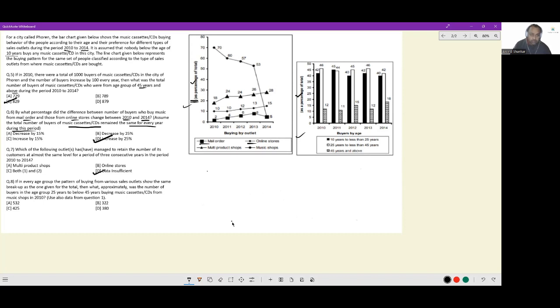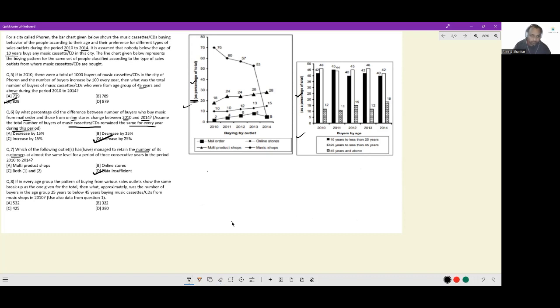So when they're asking me, have managed to retain the number of its customers, if in this year you have 1,000 customers, and in this year you have 1,500 customers, and in this year you have, let's say, 1 lakh customers, and in this year you have 50 lakh customers, you can have different numbers of customers everywhere. Given that we don't have data about the number of customers in every year, we cannot make an assertion regarding which outlet has managed to retain the number of its customers. So answer has to be data insufficient.